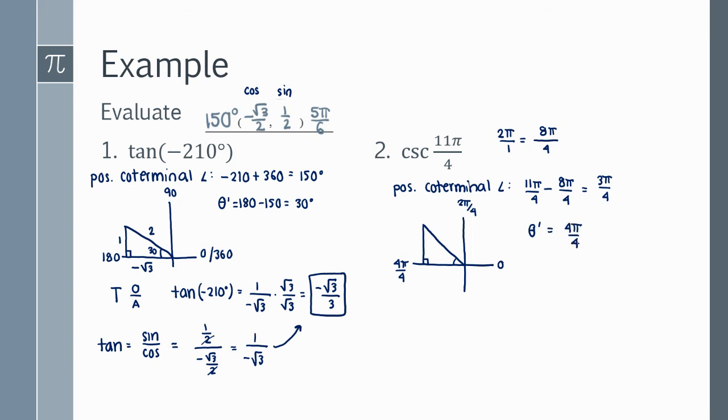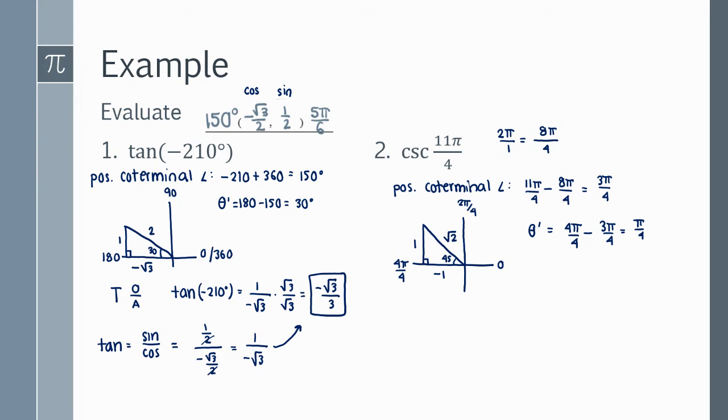Notice that 4 pi over 4 minus 3 pi over 4 gives you a reference angle of pi over 4. In degrees, that's a 45-degree angle. So we have a 45, 45, 90 triangle. Remember, one leg is negative, one leg is positive. The hypotenuse is always positive.